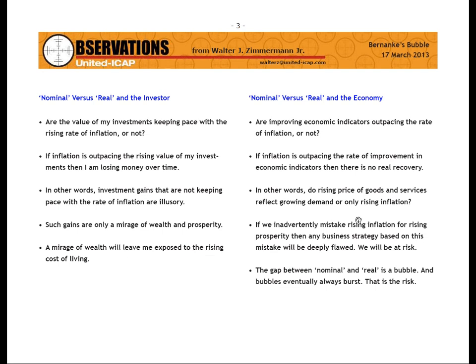And on the bigger side of the economy, if the economic indicators are improving, but they are not outpacing the rate of inflation, then what we're looking at is not a recovery, but simply inflation. And that's why it's so important to look at economic indicators adjusted for inflation, because otherwise we have no idea what we're looking at. Am I looking at a recovery here, or am I simply looking at inflation?